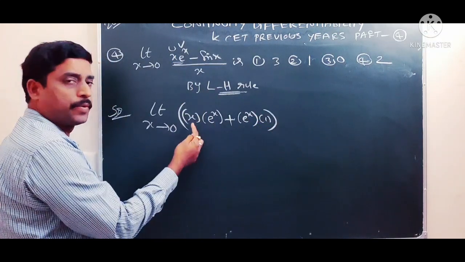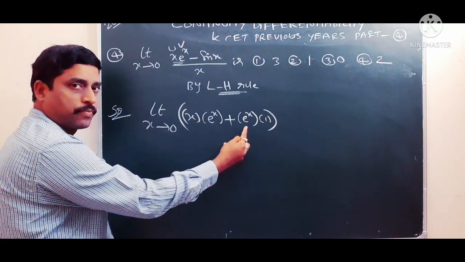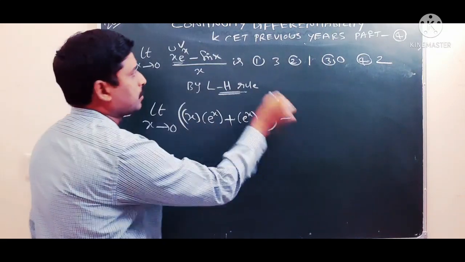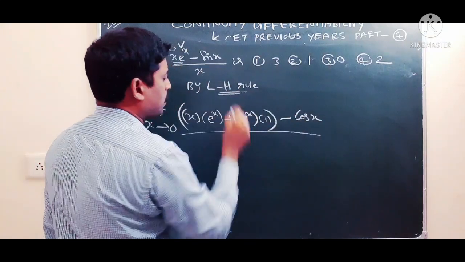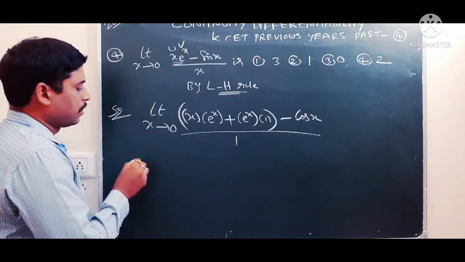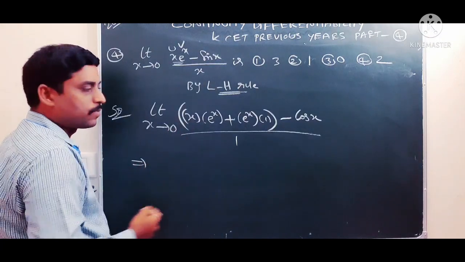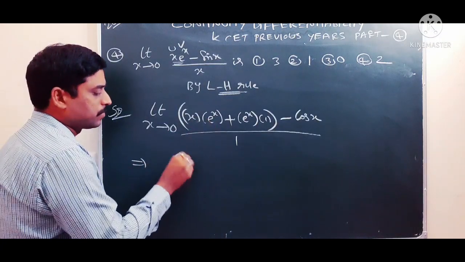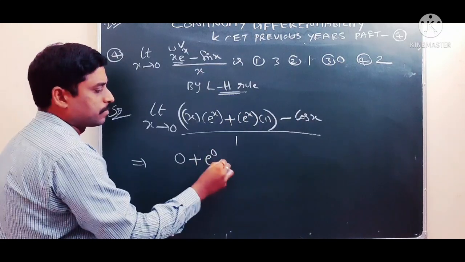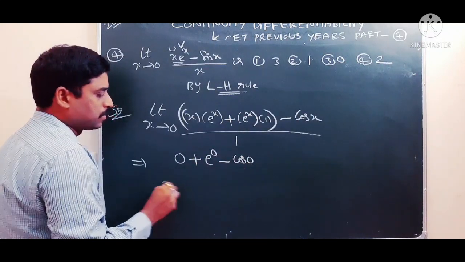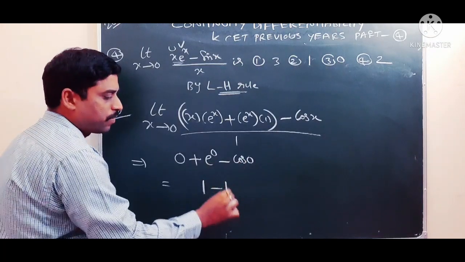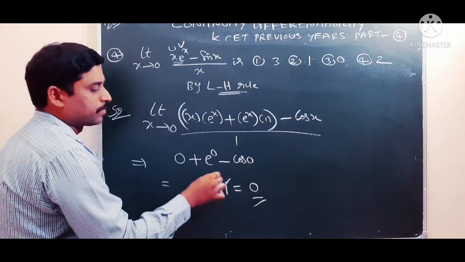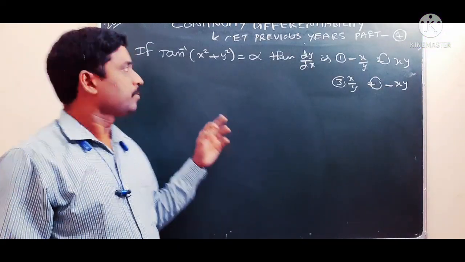This is U into derivative of v plus v into derivative of u, minus derivative of sin x, which is cos x. In the denominator, the derivative of x is 1. Now put x as 0: 0 into anything is 0, e power 0 minus cos 0. e to the power 0, anything power 0 is 1, so 1 minus cos 0, whose value is 1. So the answer will be 0. Option 3 is correct.